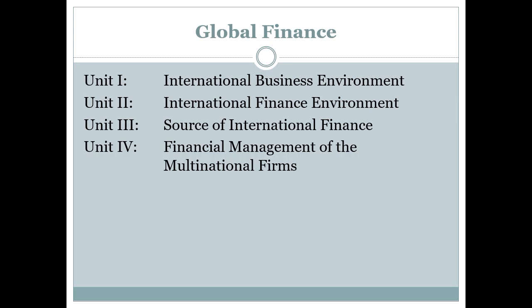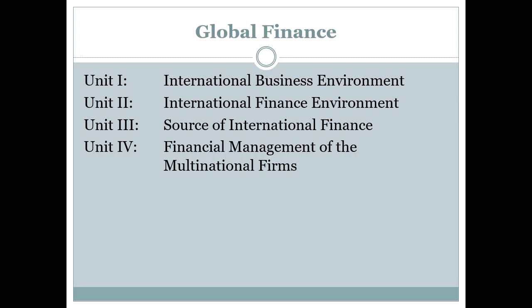Then the sources of international finance. If a particular person wants to trade internationally, to carry his business in other countries besides his home country, then who are the artificial persons, that is, the financial institutes, who support international trade?